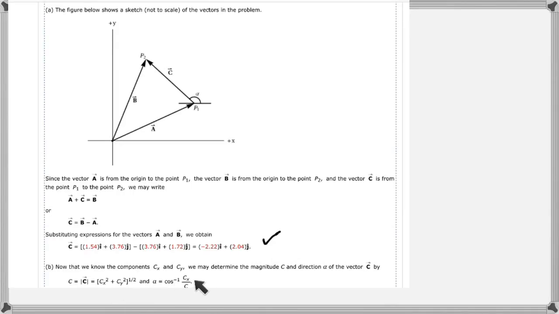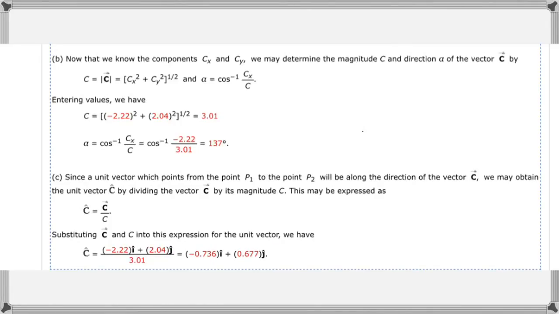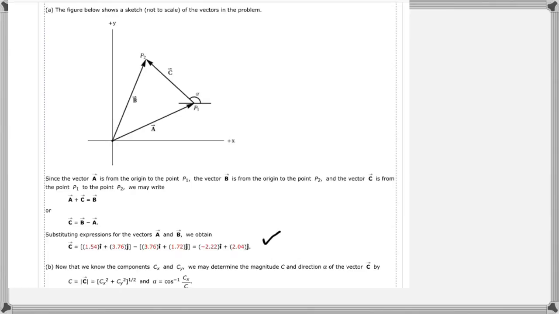And to find the angle alpha, all you got to do is take any ratio, sine, cosine, or tan. In this case, you could find alpha by using cos inverse of Cx by C.